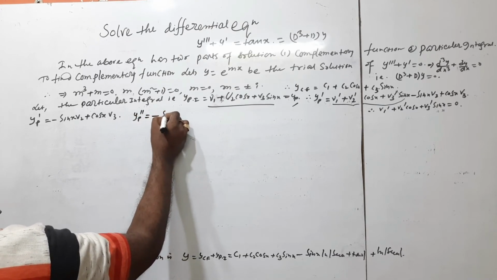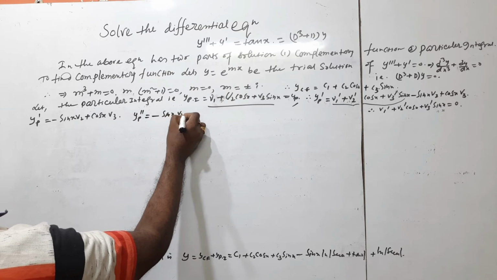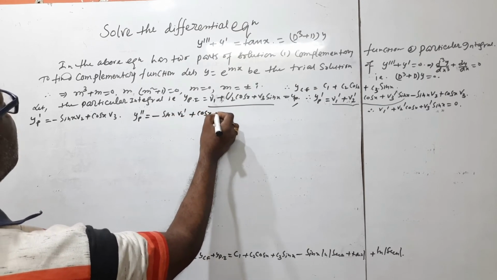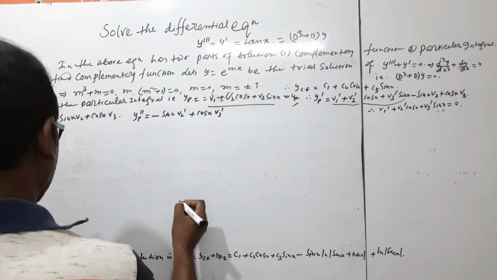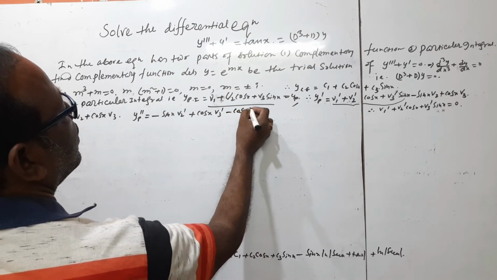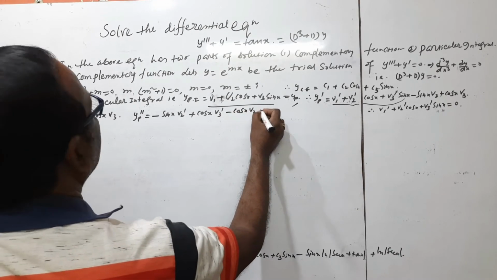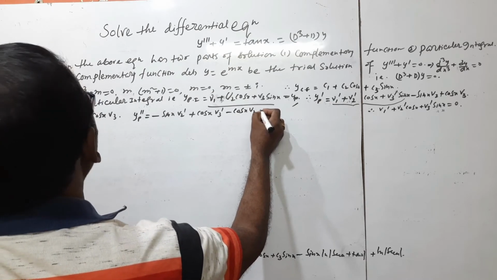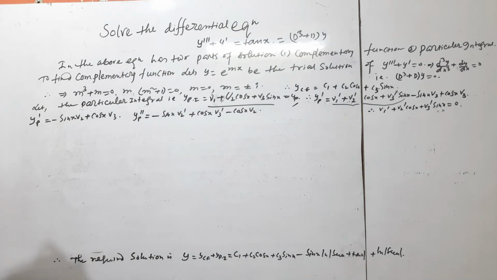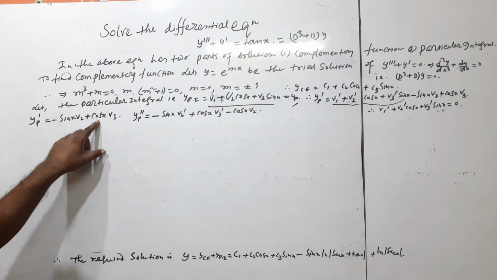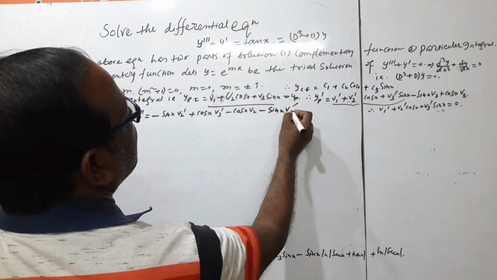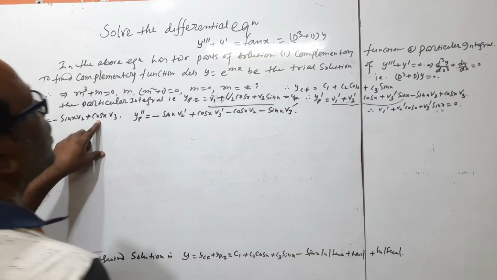Again this is minus sin x v2 dash plus cos x v3 dash, and this is minus cos x v2 minus sin x v3.